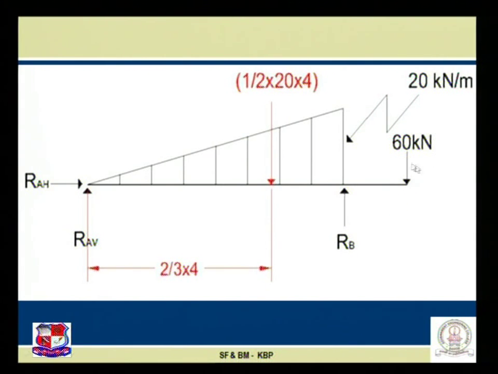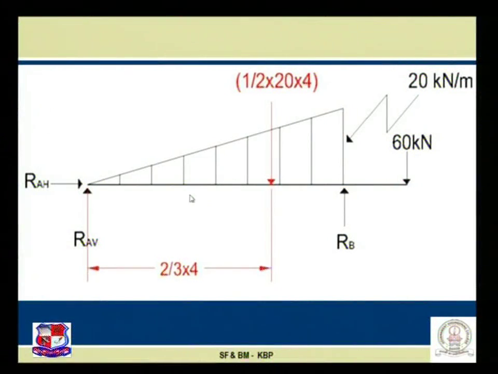Now 60 into the total distance from here to A, so 4 plus 1, 5, so 60 into 5 creates a clockwise moment, which is equal to 0. So we have the three forces and their moments taken care of while taking the moment at A.